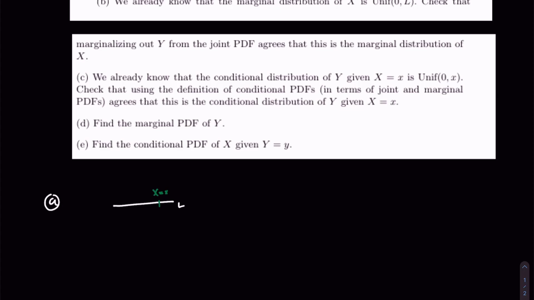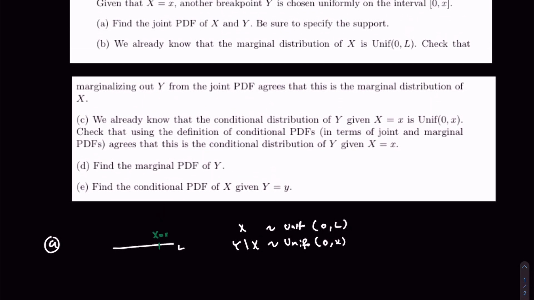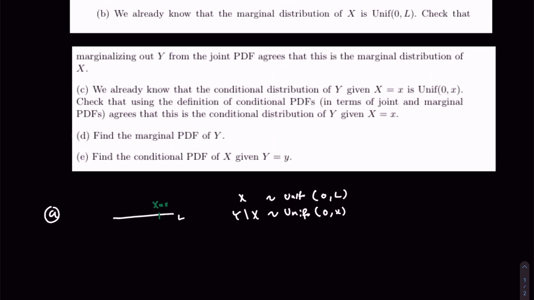Just to be specific about the support, Y conditional on knowing x is distributed uniform from 0 to little x, and X is uniform from 0 to L. And the joint PDF of X and Y, what is that?